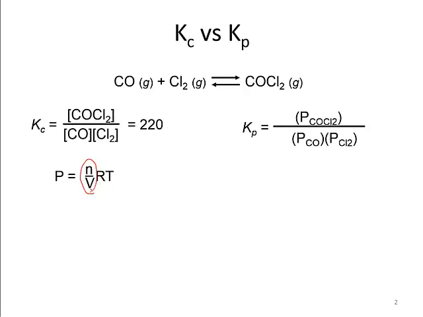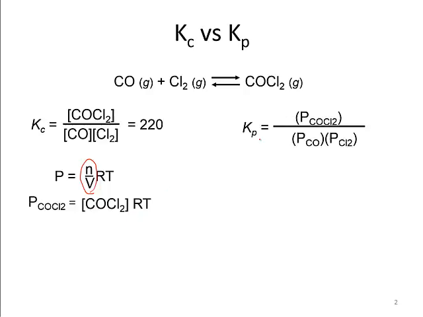Moles over volume is concentration. And so for any one partial pressure, the partial pressure can be written in terms of concentration. So the partial pressure of COCl2 is written as the concentration of COCl2 times RT.